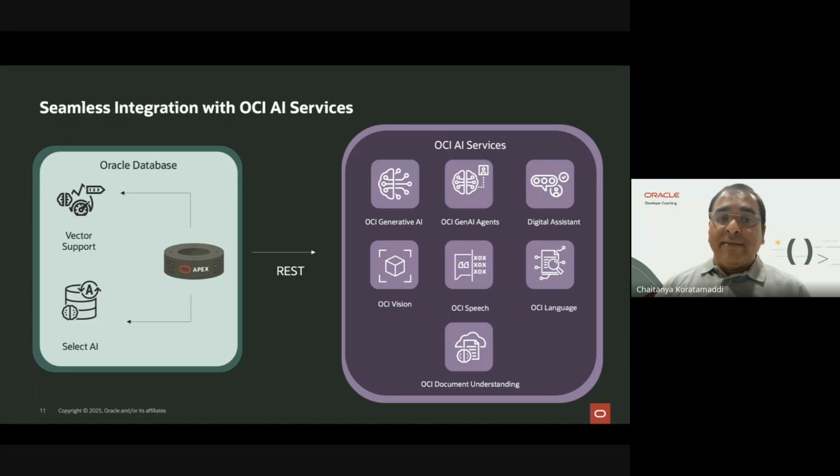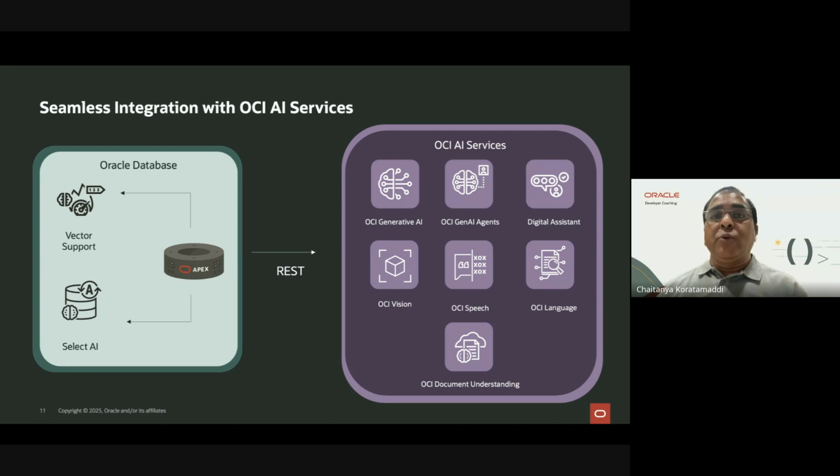Then the most important thing on this slide is that using REST APIs, you can configure your Apex applications to talk to OCI AI services, the various AI services for different use cases we have on Oracle Cloud. For example, OCI GenAI agents. We have Oracle Digital Assistant. OCI Vision, for example, for image classification. Say you want to build an application on image classification, right?